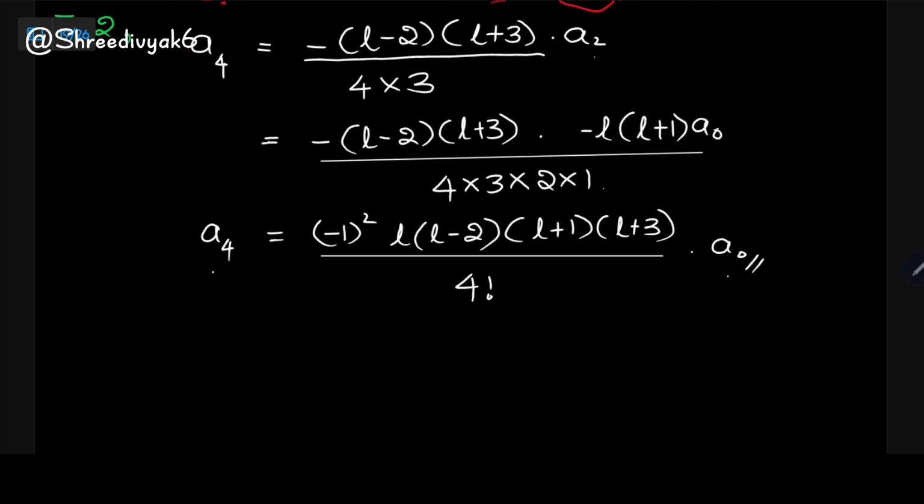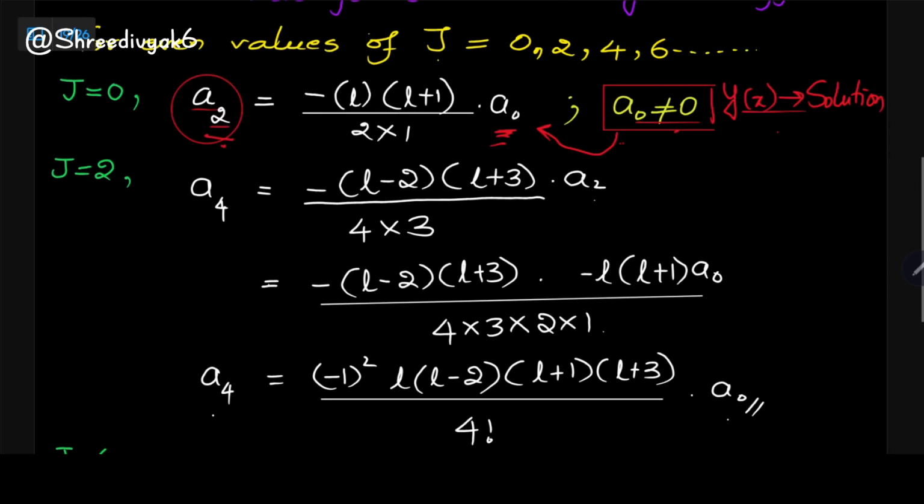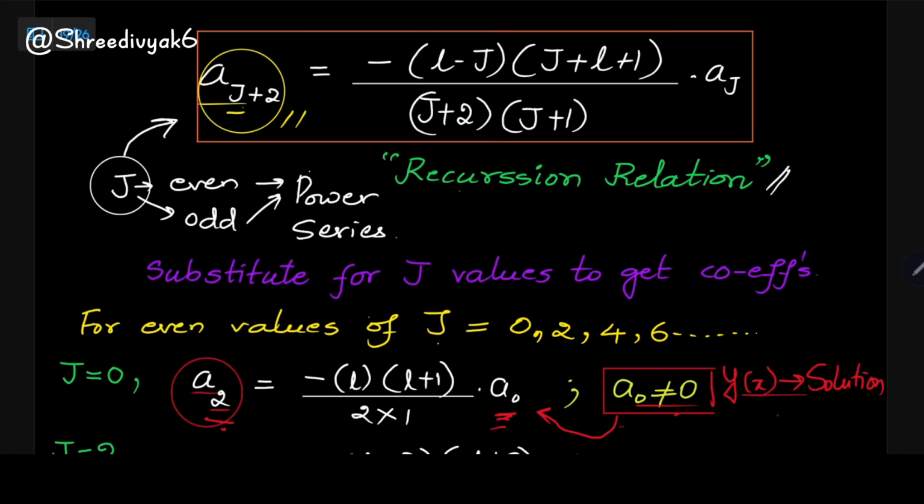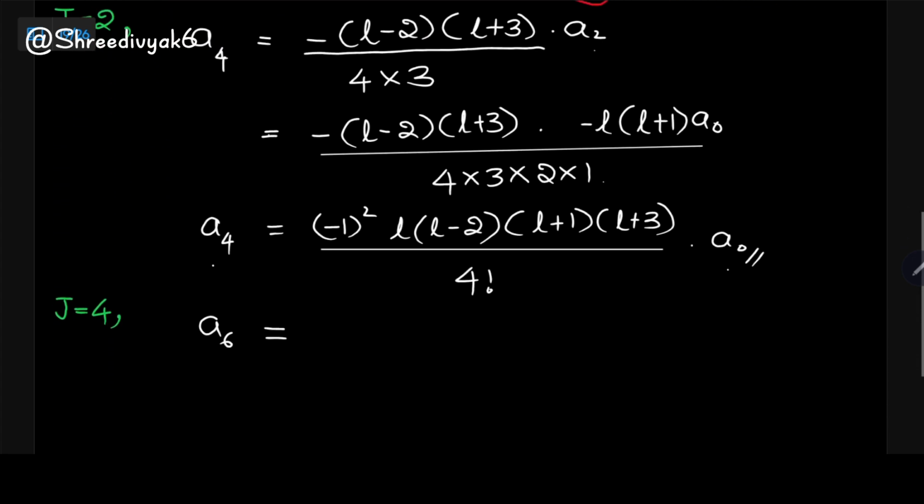Similarly, for the next value of j, that is j is equal to 4, I'll get the coefficient a6. What will be a6 when I put j value as 4? Minus L into (L minus 4) into (L plus 5), divided by 6 into 5 into a4.